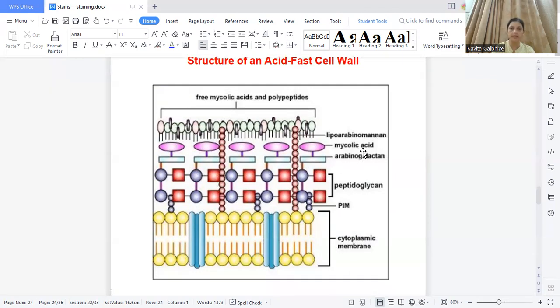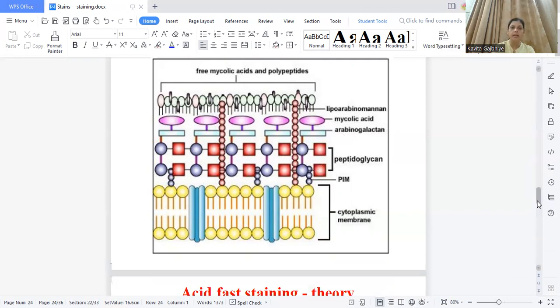Due to the presence of this mycolic acid, it shows acid-fast staining, or uses a specific kind of stain. Free mycolic acids and peptidoglycans are also present over the surface, and arabinogalactan is present. You can see the composition of different kinds of lipids and peptidoglycan in the acid-fast bacterial cell wall.